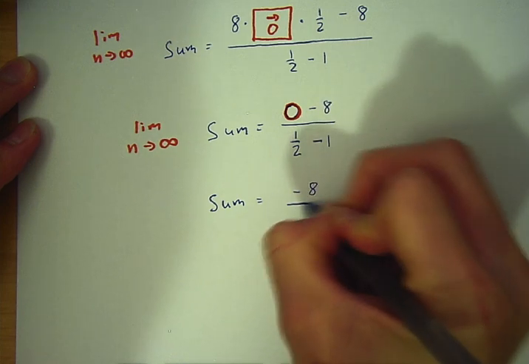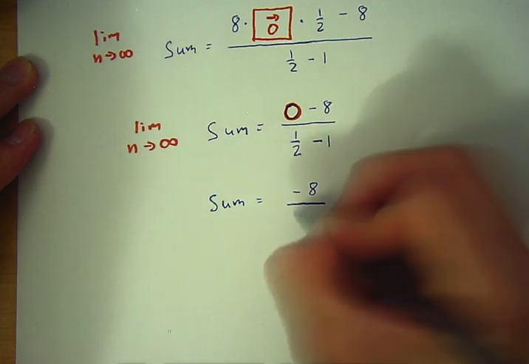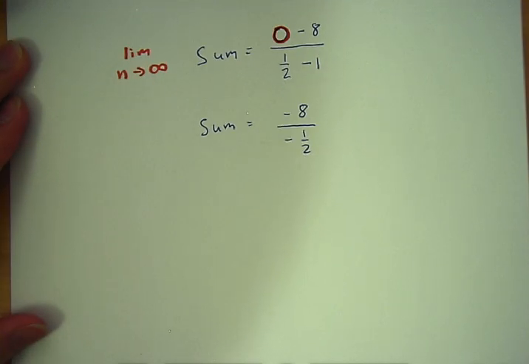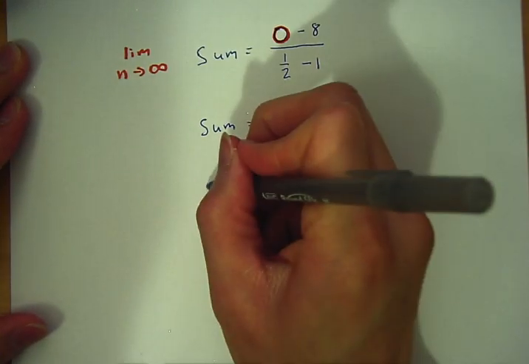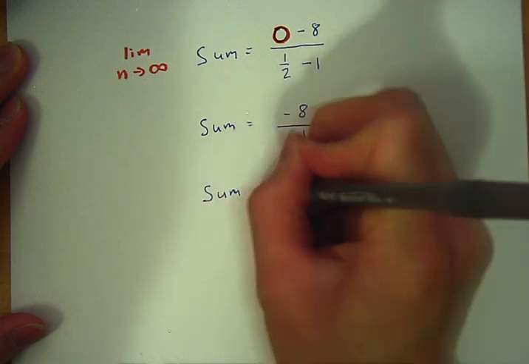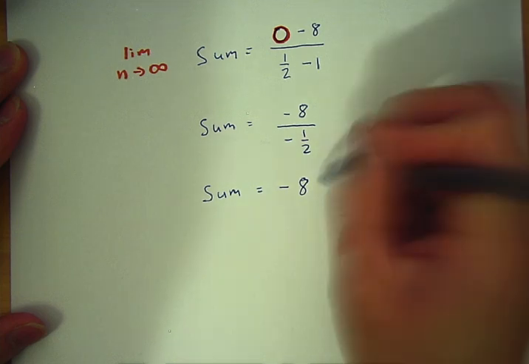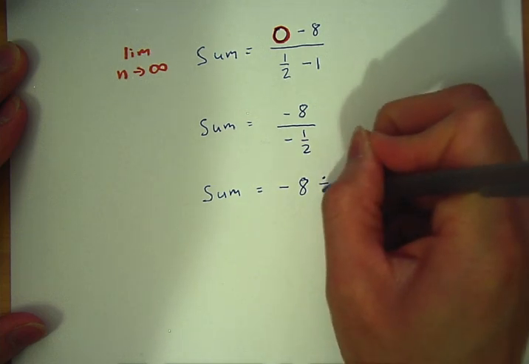This bottom part, 1/2 minus 1 is -1/2. I'm going to write this as a line instead, -8. A fraction bar just means divide.